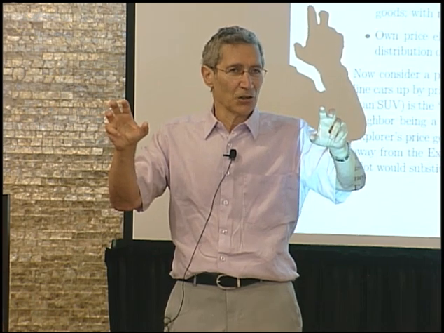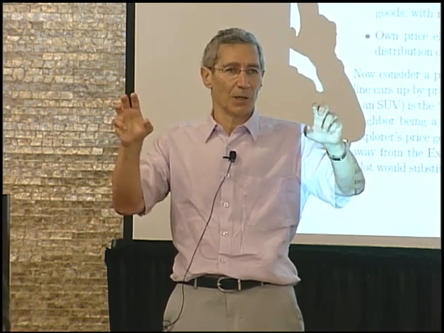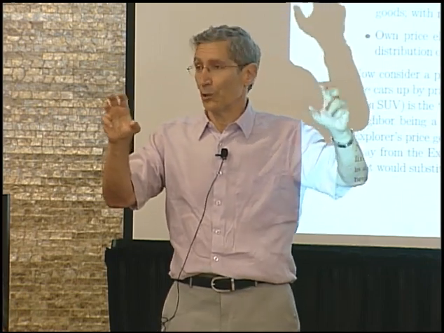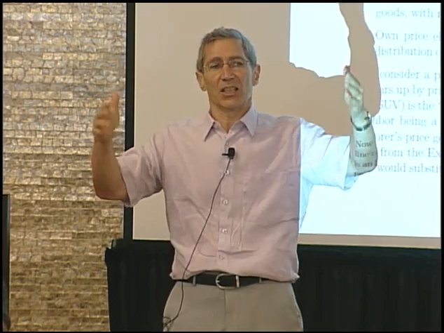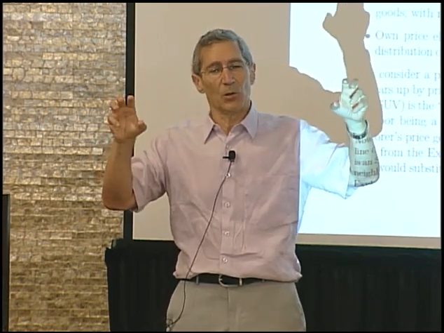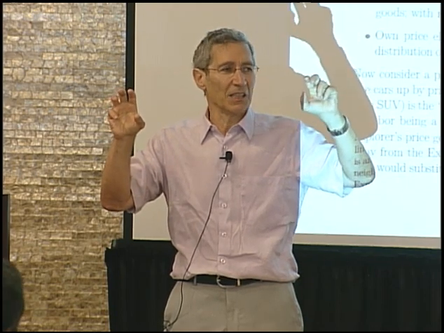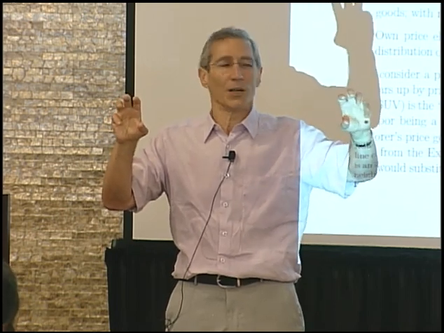Is that clear? So the people who have very high aversion to price are going to have the same elasticity as the people who have very low aversion to price by construction. And if you take that to the economics of the problem, it means the markup on the high-price cars is going to be exactly the same as the markup on the low-price cars.